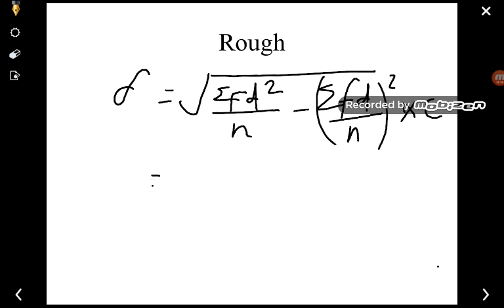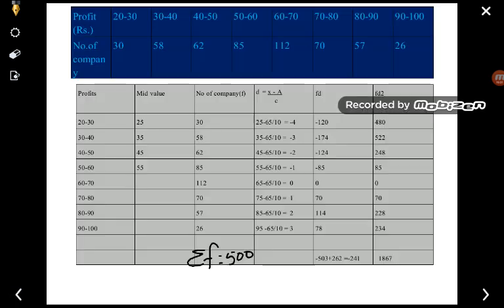So now we have to put in all the data. We know that the summation of fd square is 1867.